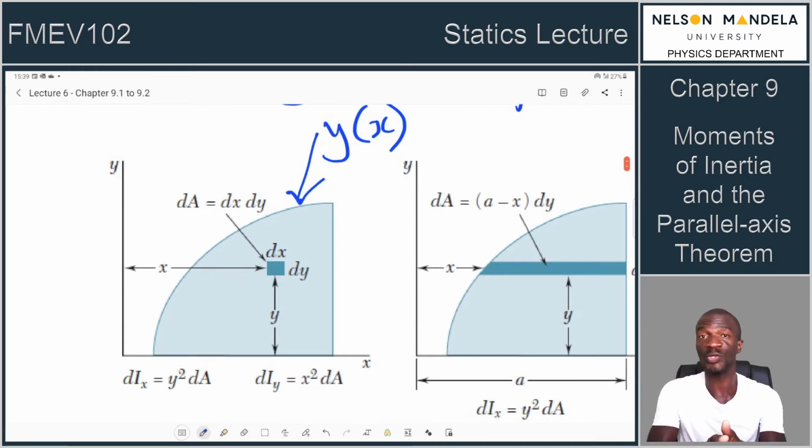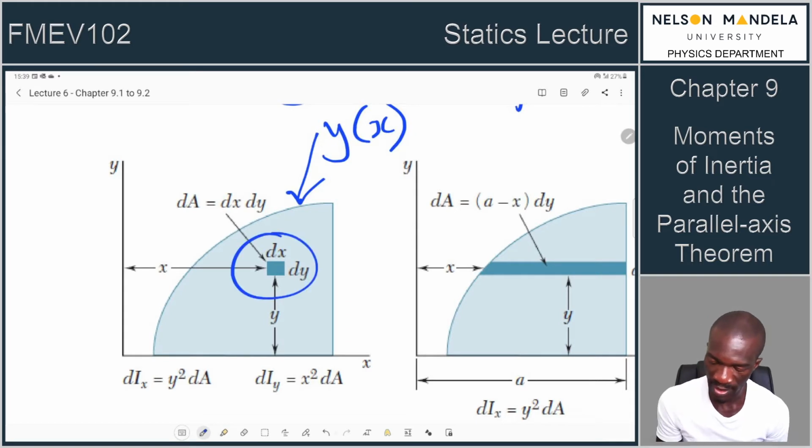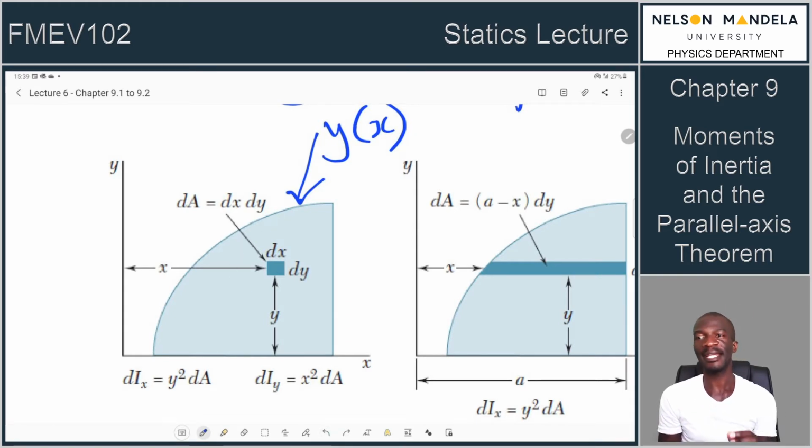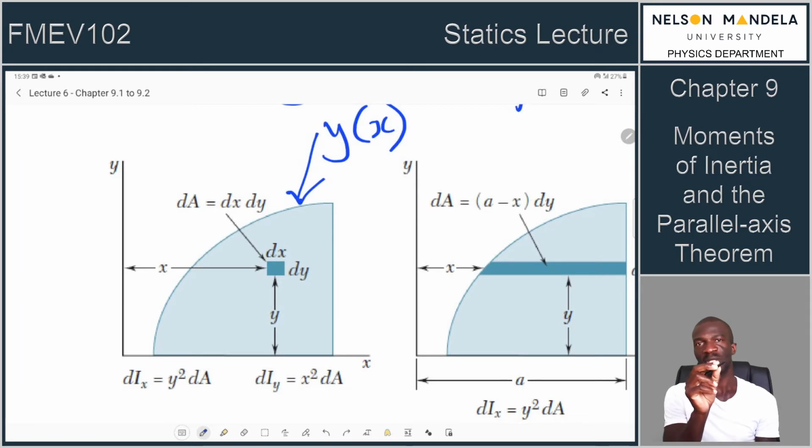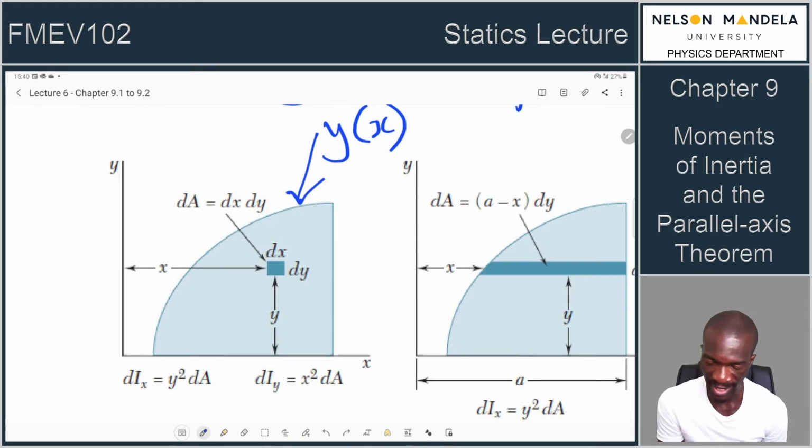So you choose. These strips are purely your choice, whichever way you are comfortable with. So if you choose a strip or an area element that is made up of a square, obviously your dA is defined as length times width, which is dx multiplied by dy by virtue of that orientation. Then how do you find your x? Your x is simply the x variable. How do you find your y?